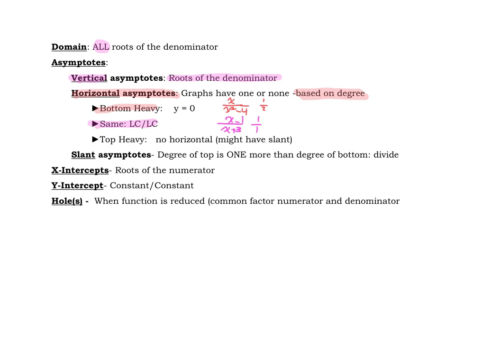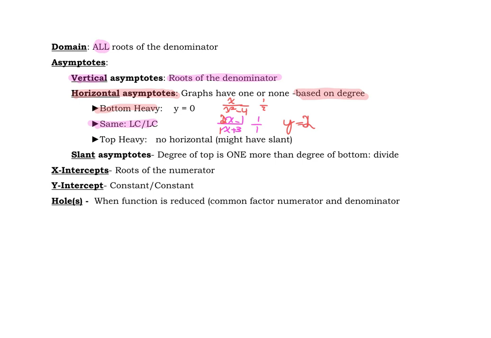So LC, remember that means leading coefficient over leading coefficient. Remember the understood ones here. So this would be y equals 1 over 1, which is 1. If I change these to 2 over 1, then 2 over 1 would be y equals 2. So that's how the same degree works.